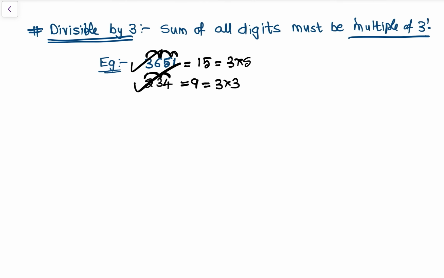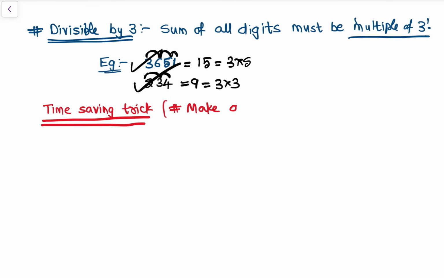नाउ लेट्स चेक फॉर टाइम सेविंग ट्रिक. टाइम सेविंग trick to check a divisibility rule of 3. Here what we need to do is make a pair of 3, 6, 9 and cut them. Let's take a number.